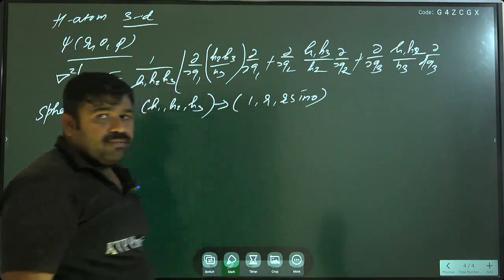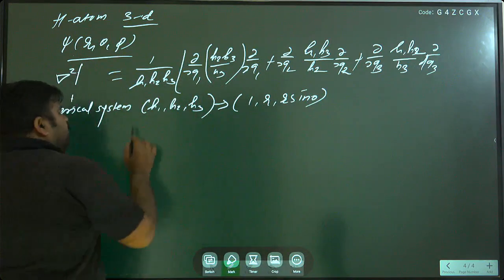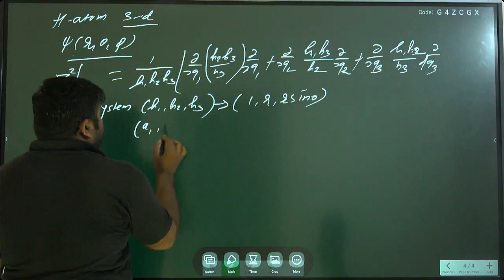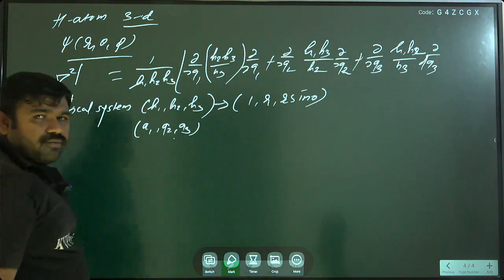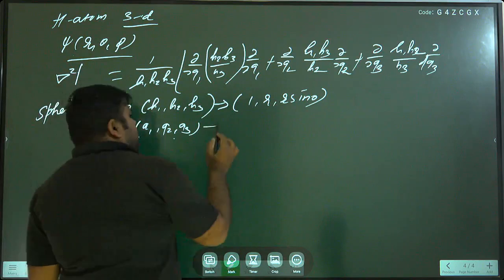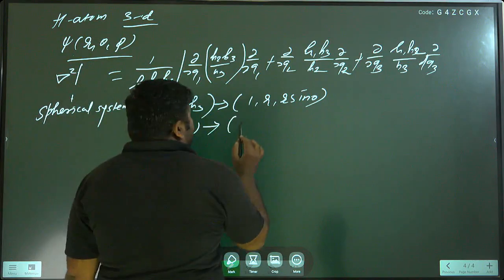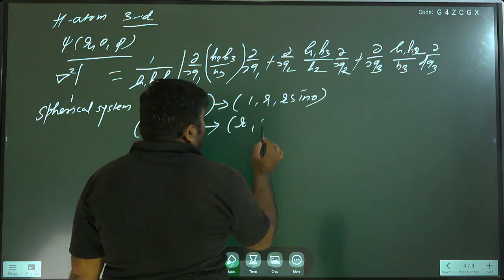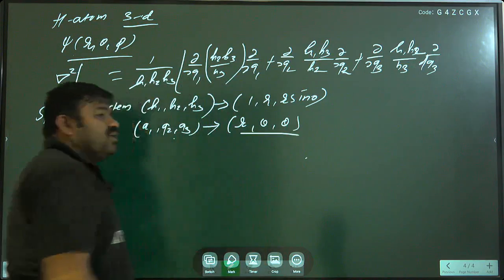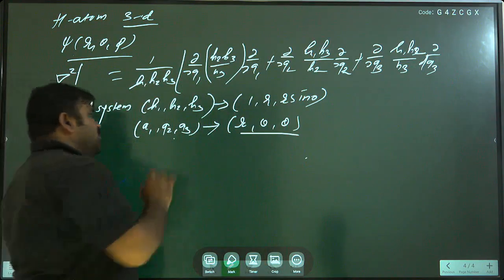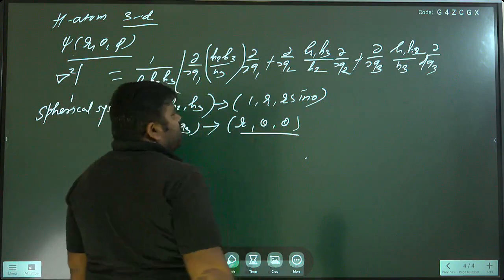This is the value of h1, h2, h3. And what are q1, q2, q3? In this spherical system, which coordinates are variables? The variables are r, theta, phi. समझ में आ रहा है? q1, q2, q3 are r, theta, phi. The values of h1, h2, h3 are 1, r, r sin theta.